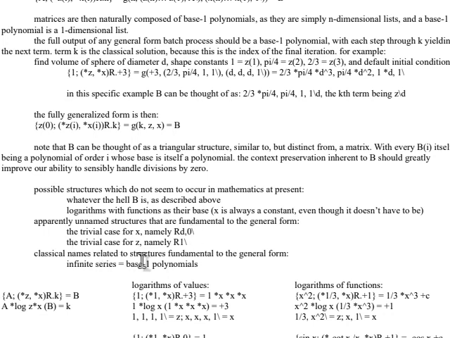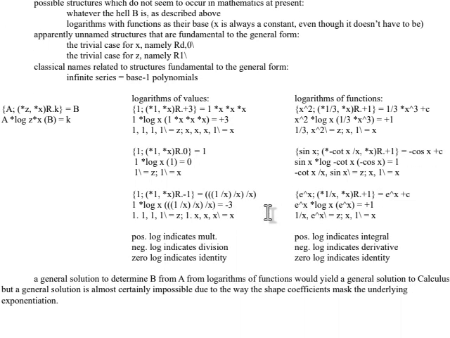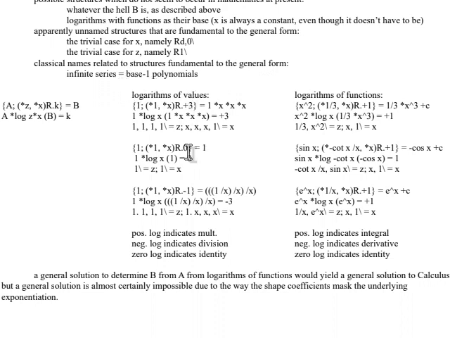And then classical names related to structures fundamental to the general form. Infinite series, we don't really need that concept anymore, because that's what a base 1 polynomial is. And playing with logarithms of values versus logarithms of functions.